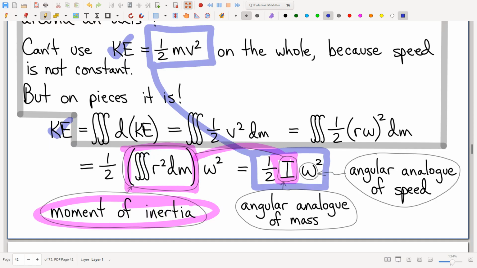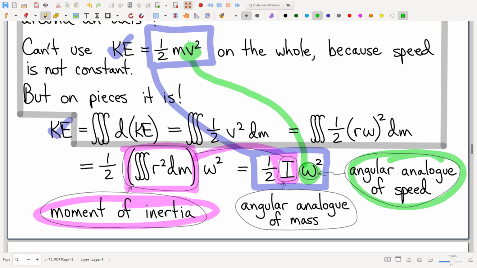First thing you notice is, oh my gosh, it's 1/2 something times something squared. Structurally, that's an eyebrow raiser, right? It's kind of convenient. And then you notice that this is what we call angular speed, which is playing the role analogous to regular speed, right?